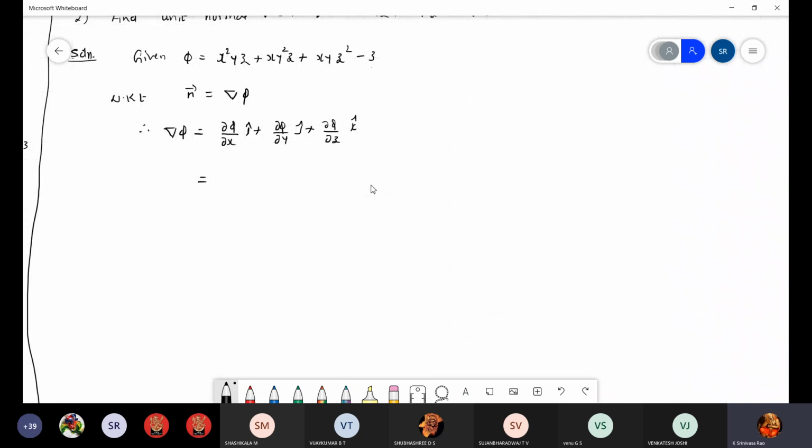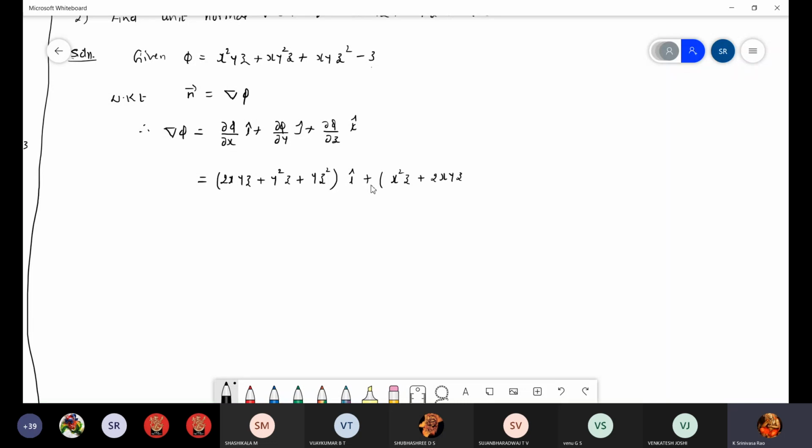First one, you will get 2xyz plus, with respect to x only, y square z plus yz square. This is with respect to x into i cap. With respect to y, x square z plus 2xyz plus x z square.